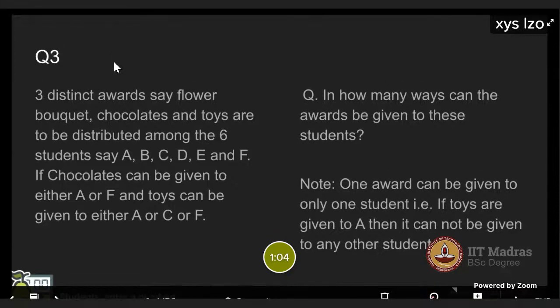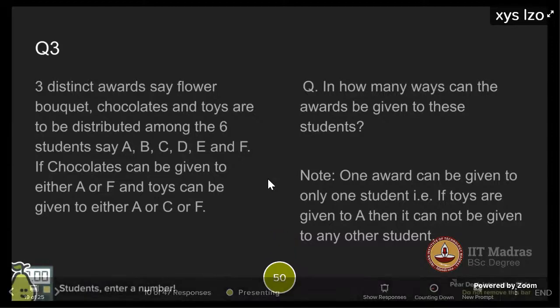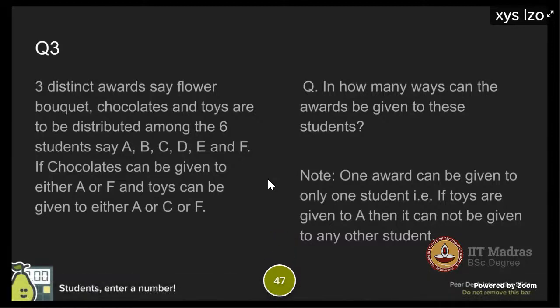I have another doubt, but should I ask you after the solution or before? Yeah, just ask. If chocolates can be given to A or F, then it is 2C1, then 3C1 for toys, and the rest is 4C1. But do I have to multiply these or add these? If you are doing this simultaneously, then you have to multiply.